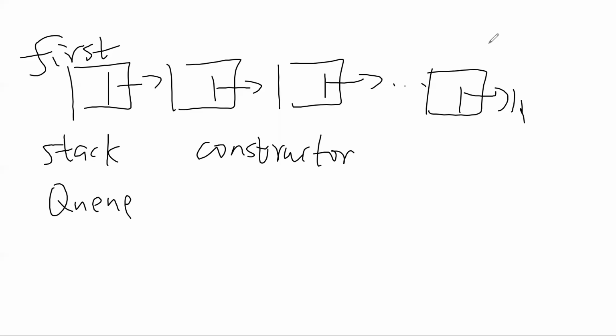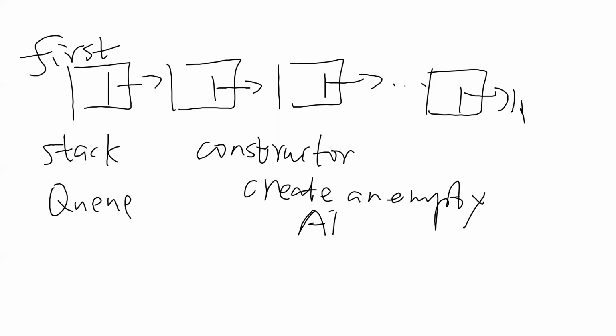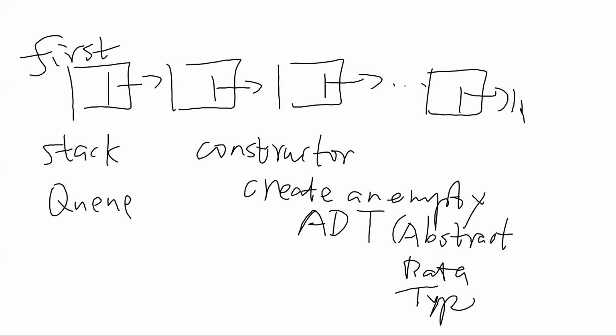The constructor's purpose is to create an empty ADT, and ADT is abstract data type. So we always need a constructor.